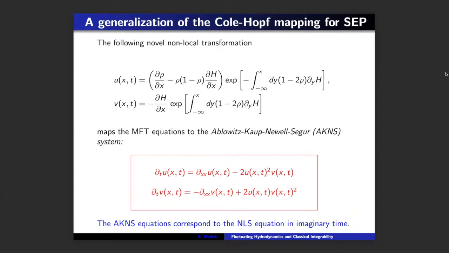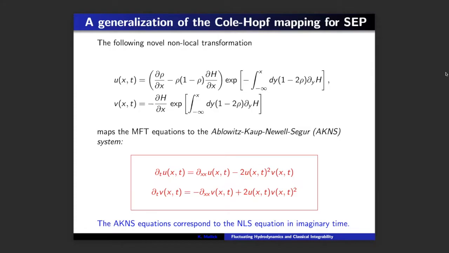I'm not going to go into the details, but there are interesting reasons for these change of variables to occur. But if you just take it and plug into the MFT equations for rho and h, you get these nice looking equations for u and v.